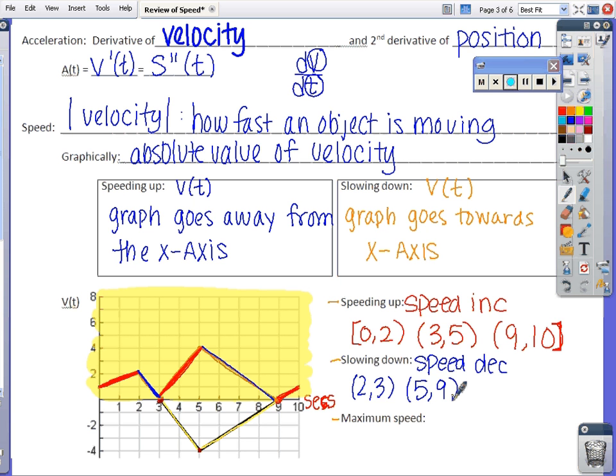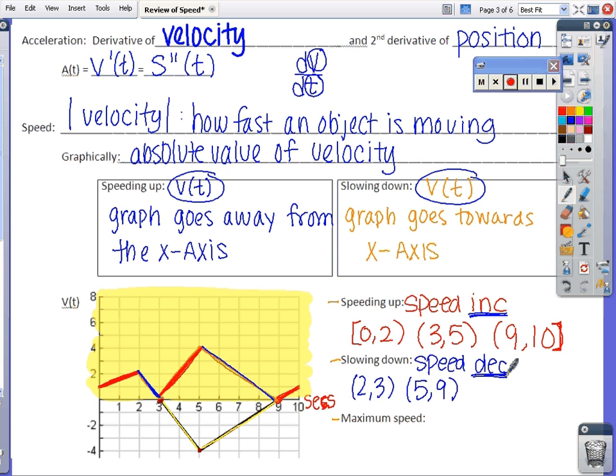If you're looking at the velocity graph, you want to use the hints I gave you up here. If you decide to graph the speed, then you're really looking at if the speed graph increases and decreases. You do not look at the velocity graph anymore, so we don't care if it goes towards or away from the x-axis.